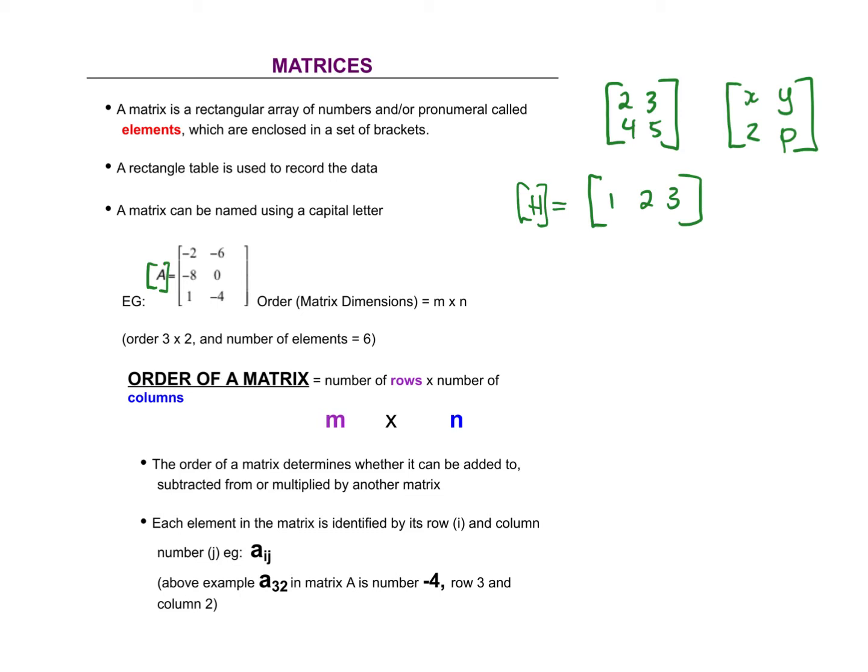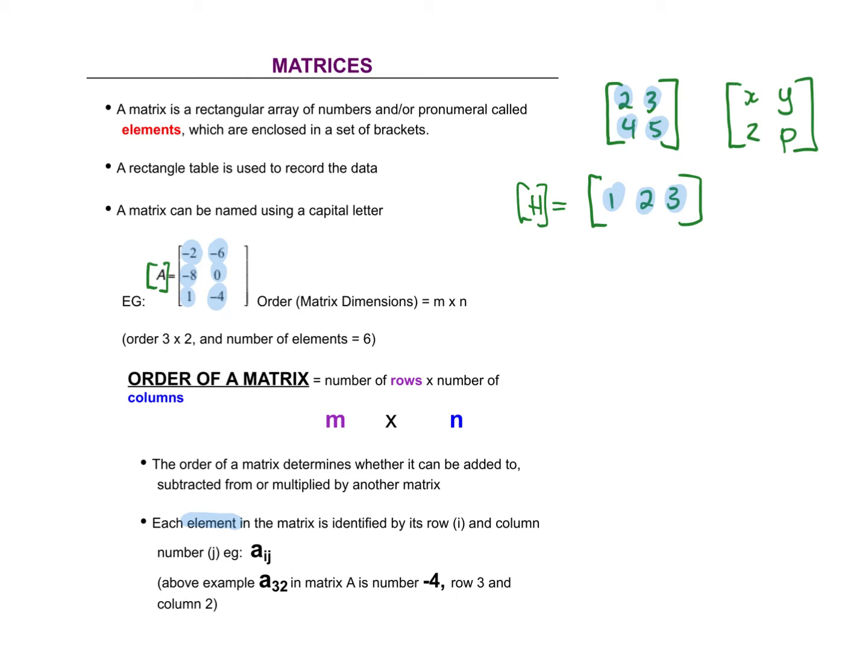When you've got numbers or letters inside the matrix, each one is called an element. So see here, these are all elements. This matrix has 6 elements. Up here, this one has 4 elements, and this one has 3 elements.